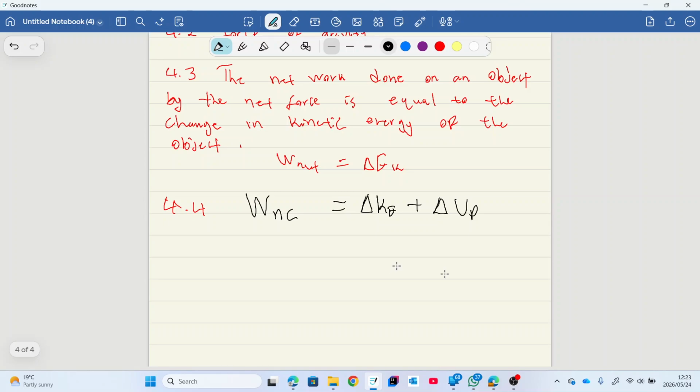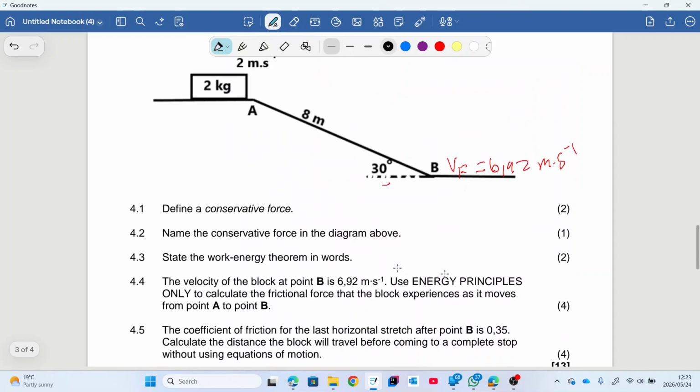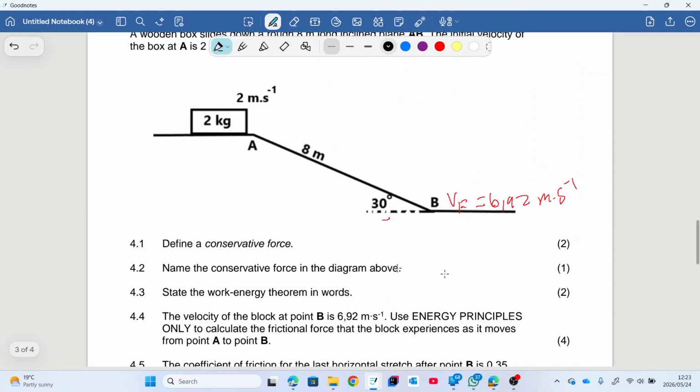Okay, so what is the non-conservative force that acts on the object? Because it says work done by NC, the non-conservative force that I can see is the frictional force. There is no tension, there's no applied force. The only forces here are G parallel, which is conservative, and kinetic frictional force.